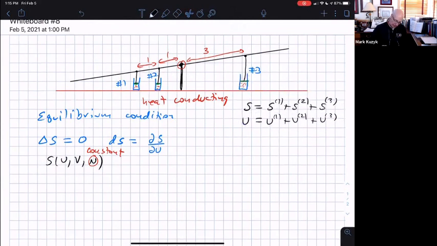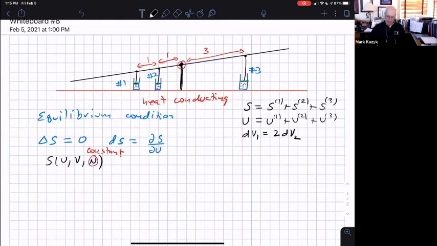Okay. And we know that the volumes are going to be connected with each other. And in particular, we know that the change in volume 1 is going to be twice the change in volume 2 because of the lever arm.